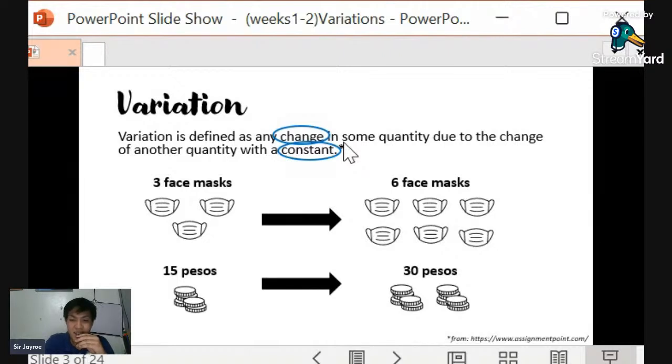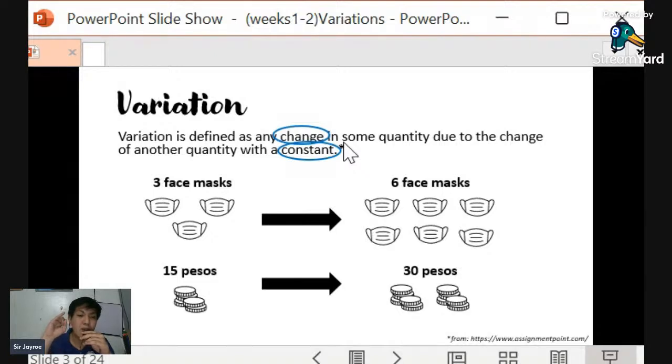Okay? Yung kay Lexicomia, medyo indirect, no? Pero yun yung hinahanap natin. Yung cost ng face mask. Ang hindi nagbago yan. Good, Jenica Balane. Yung presyo. Okay? Yung presyo ay hindi nagbago. Nagbago yung bilang ng face mask.